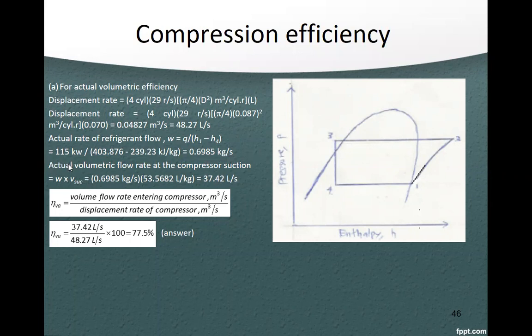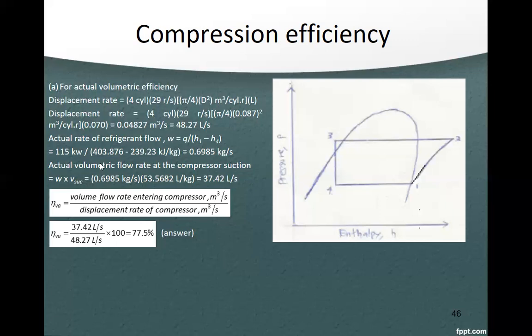So the actual volumetric flow rate at the compressor suction is the mass flow rate times the suction specific volume, which is 0.6985 kilograms per second times 53.5682 liters per kilogram, which is 37.42 liters per second.